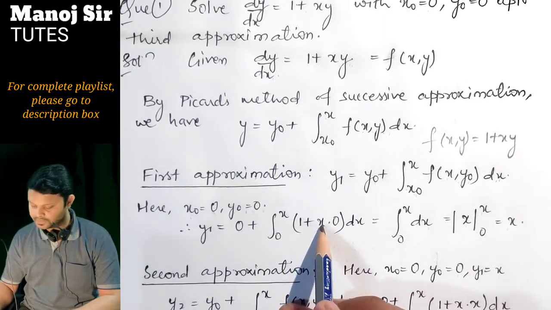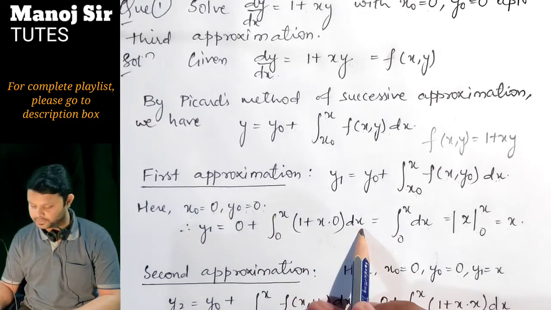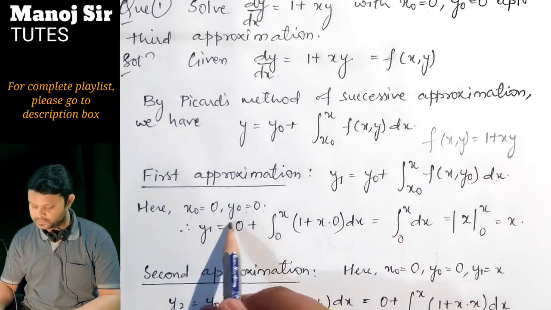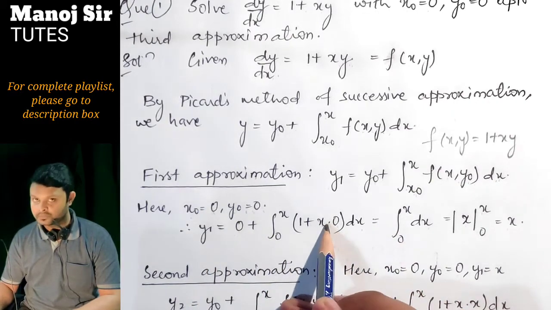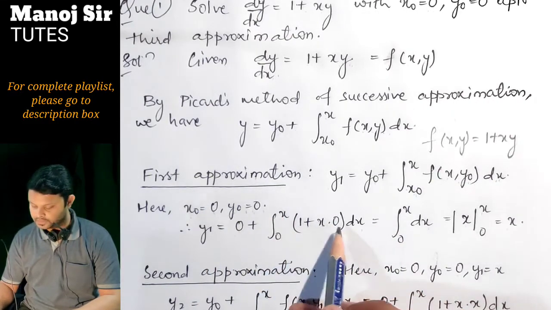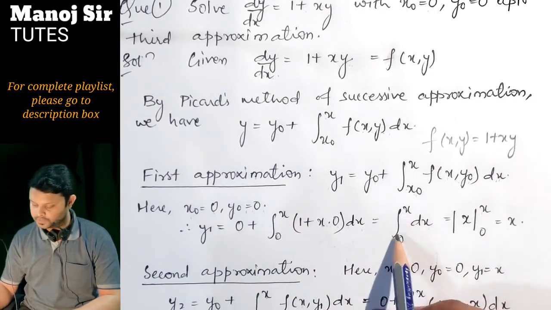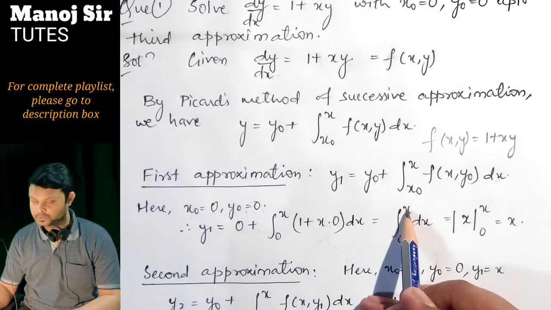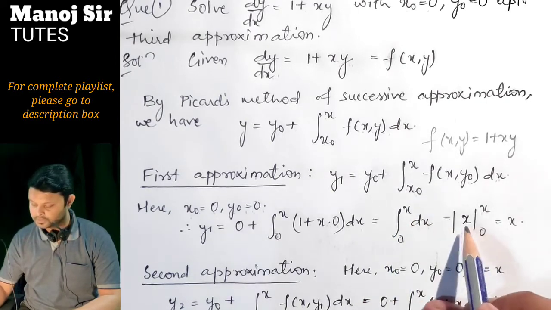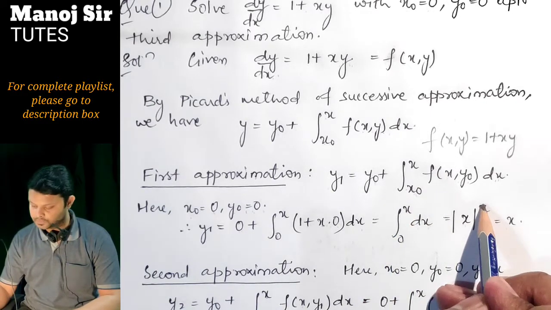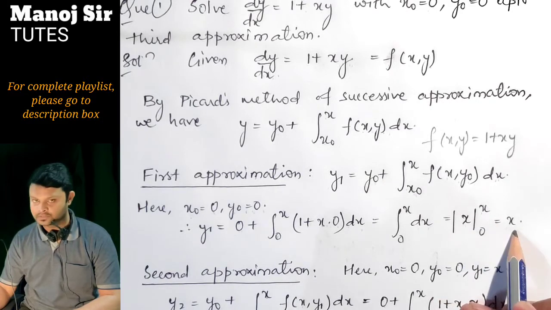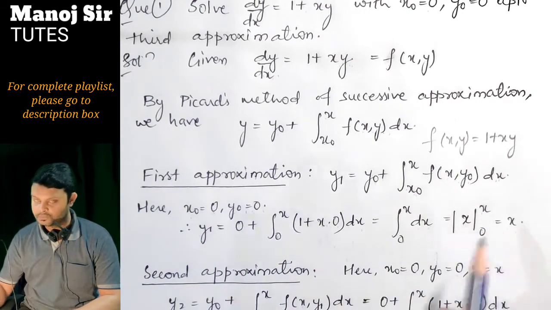So 1 plus x into 0 dx. This term is 0, and this term is 0. What is left is the integral of dx, with limits from 0 to x. The integral of this becomes x, with limits from 0 to x. On solving this we get x. So we can say y1 equals x.